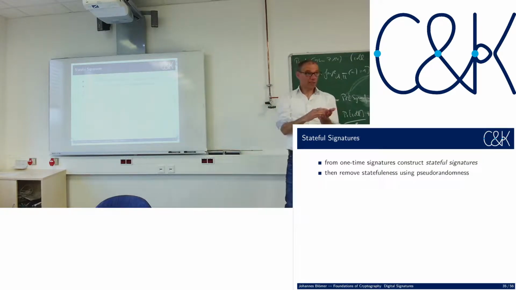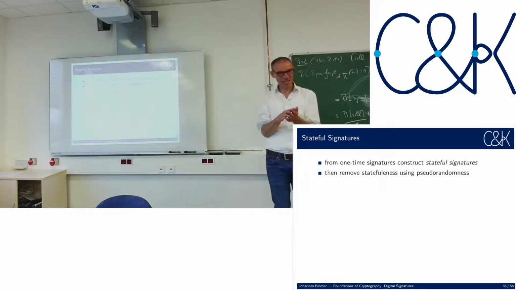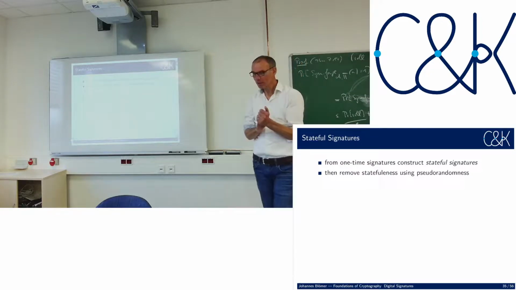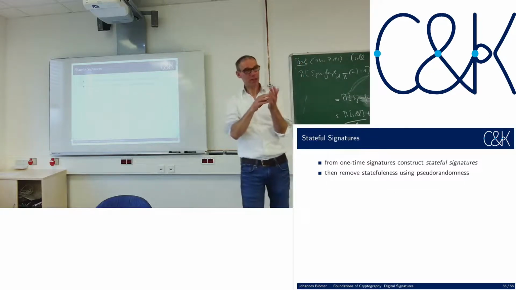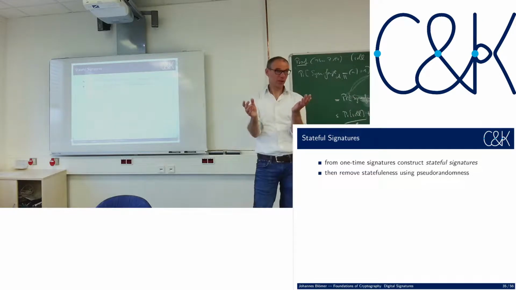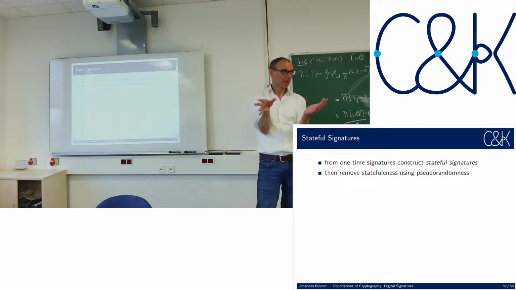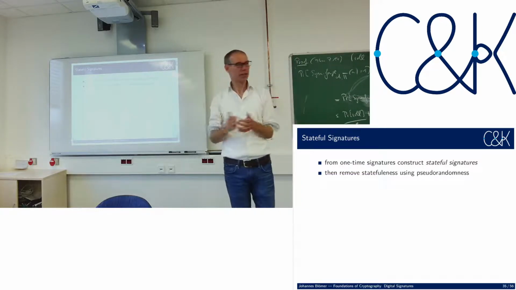As an intermediate step, we have one more intermediate step. We construct so-called stateful signatures. And from one-time signatures, we construct stateful signatures that have another limitation, not one-timeness, but statefulness. And then we'll remove statefulness using pseudorandom functions.